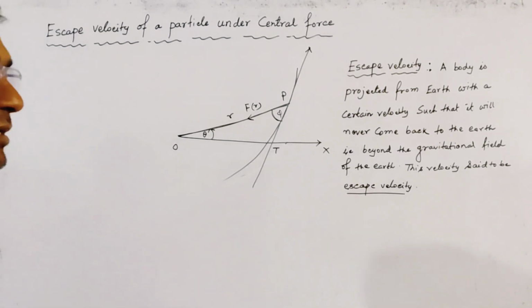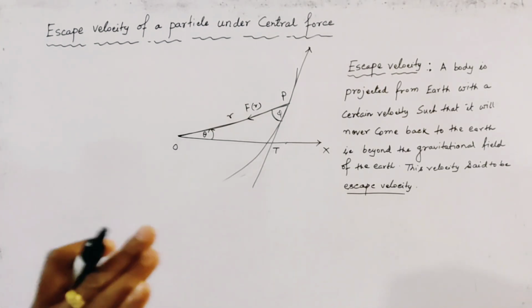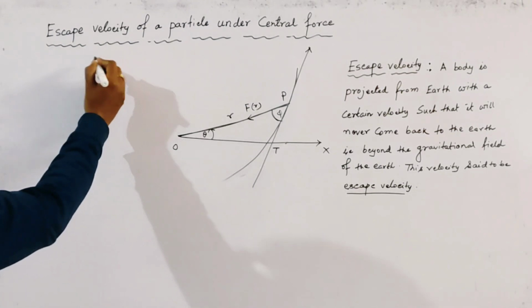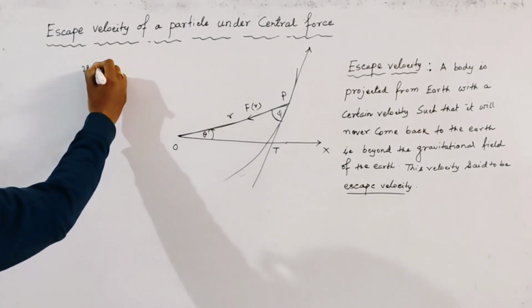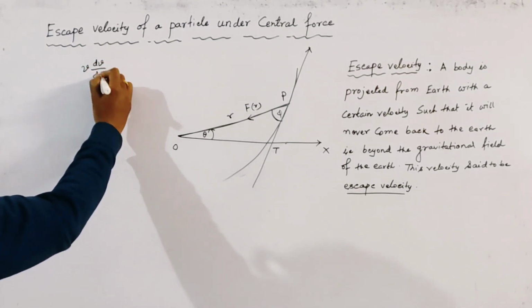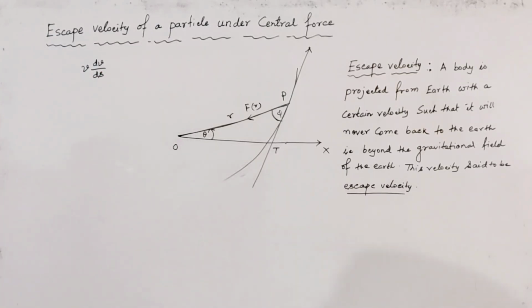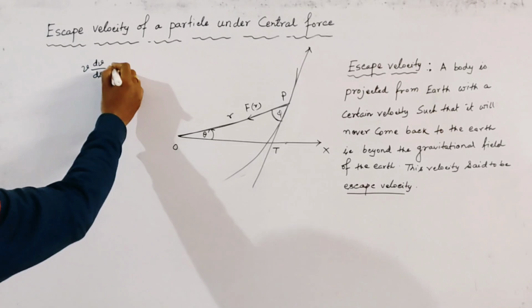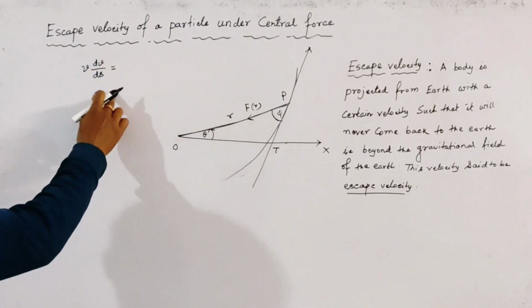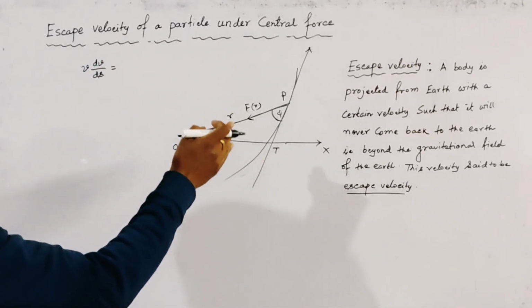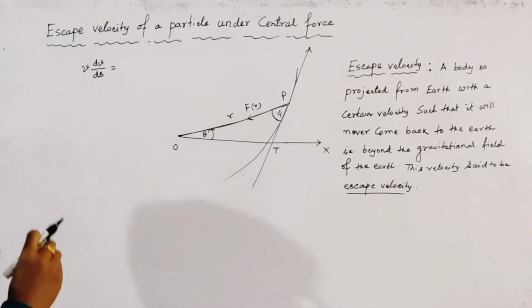We know that the tangential equation of motion of the particle is v dv/ds, the tangential acceleration per unit mass, and on the right side we first find the tangential component of force acting on the body at P.